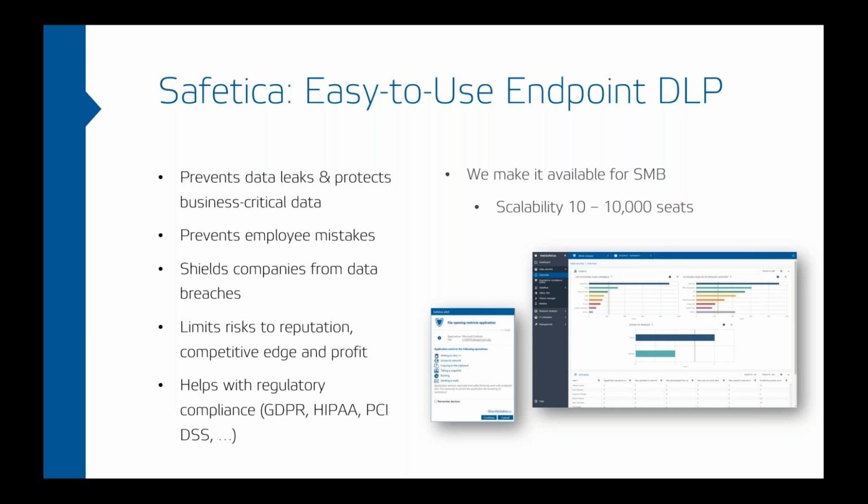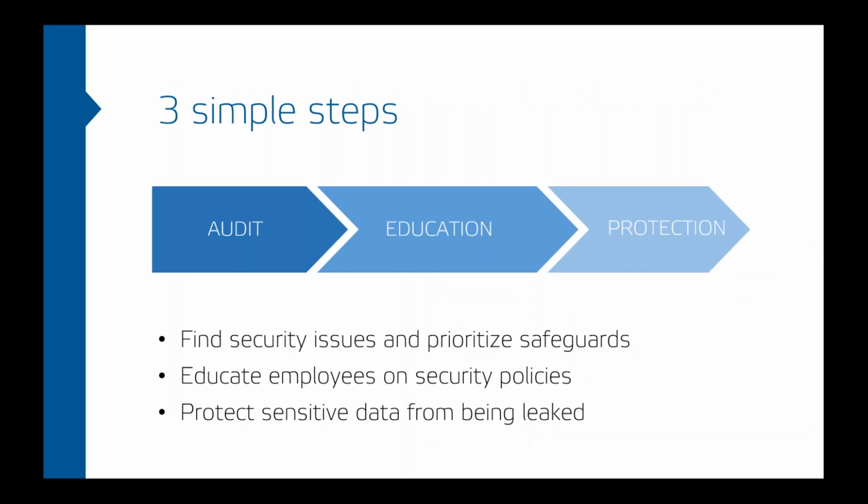How we actually do it is that our philosophy is based on 3 simple steps. We start with an audit, the company's security assessment, and we also audit the behavior of the people. So we find the security issues, and based on that, we educate the employees on the security policies, so they know how to behave.